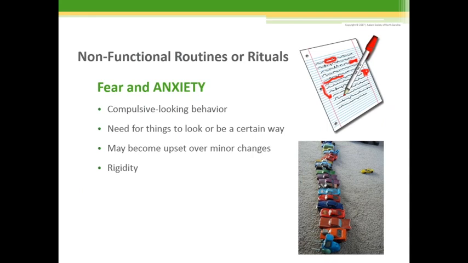If you move a car out of that lineup, he or she might get very distressed by this change and is very rigid around the way these cars are arranged. As another example, you might see an individual with autism who turns the lights on and off a certain number of times, or who wants to arrange or fix things within his environment and put them in a very particular place. And if someone disrupts that placement, they may become highly anxious and distressed and might exhibit problem behavior as a result of that anxiety and fear.